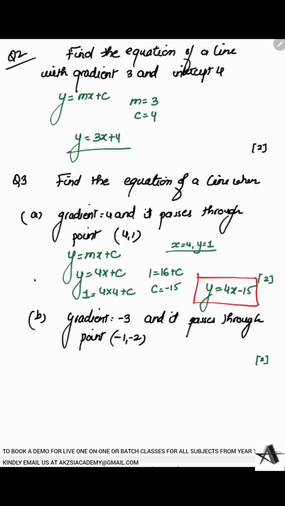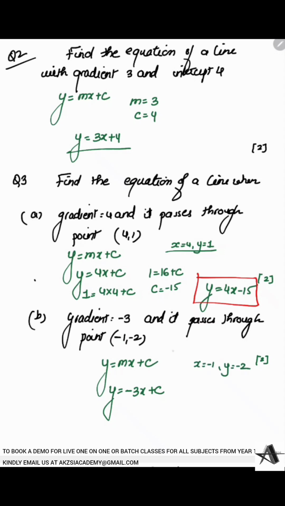Moving on to the next one, it is the same thing. It says the gradient is negative 3 and it passes through the point (-1, -2). Same, I'll start with y = mx + c. Gradient is negative 3. Substitute. I still need c. For this point, x is negative 1 and y is negative 2.